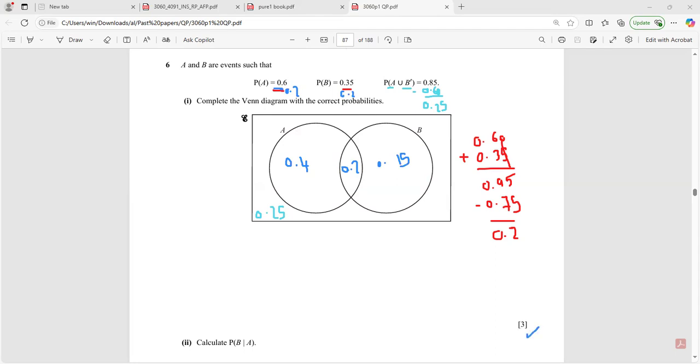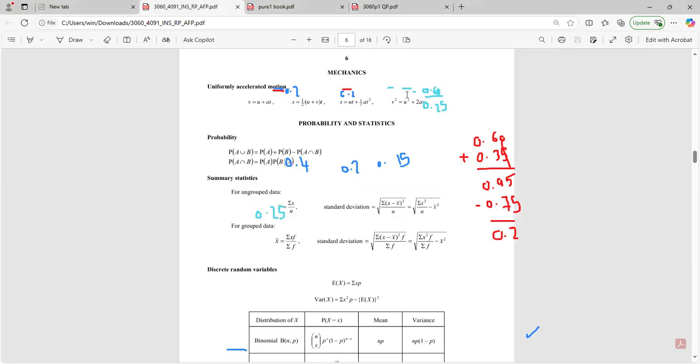Okay, and here you need to calculate B given A. Remember that in the formula sheet we have the rules of probability. He already gives us the union. It will be A plus B minus the intersection.